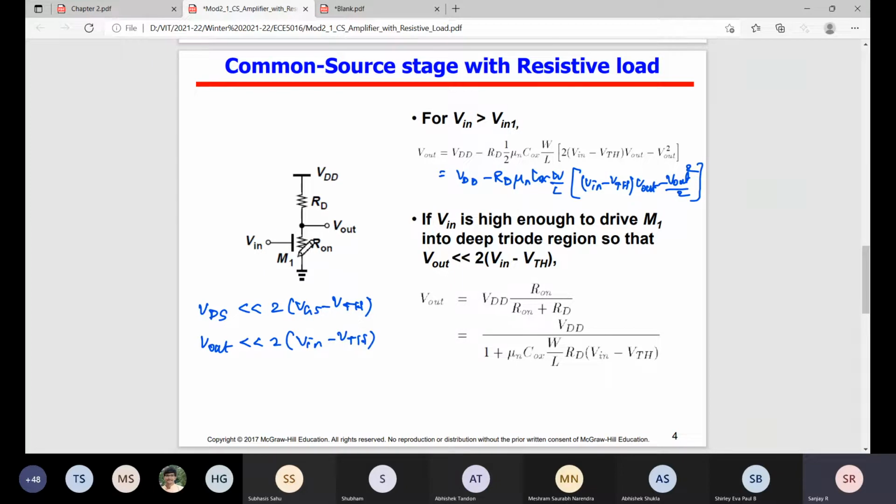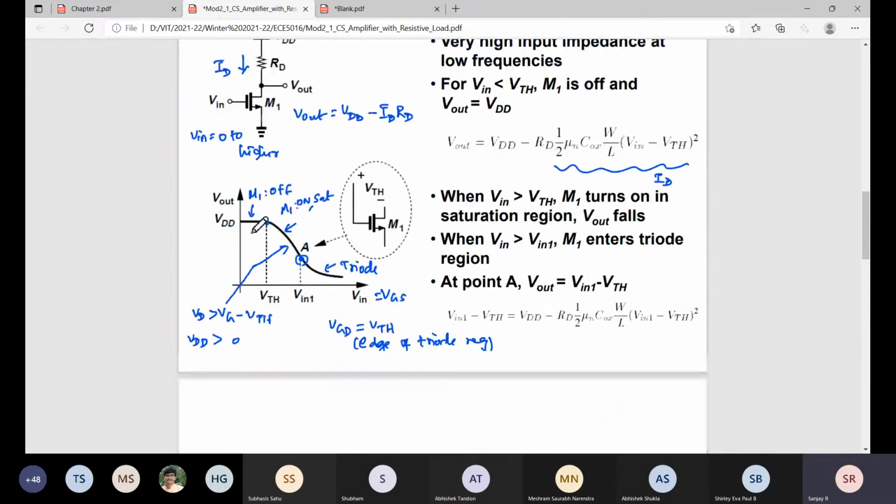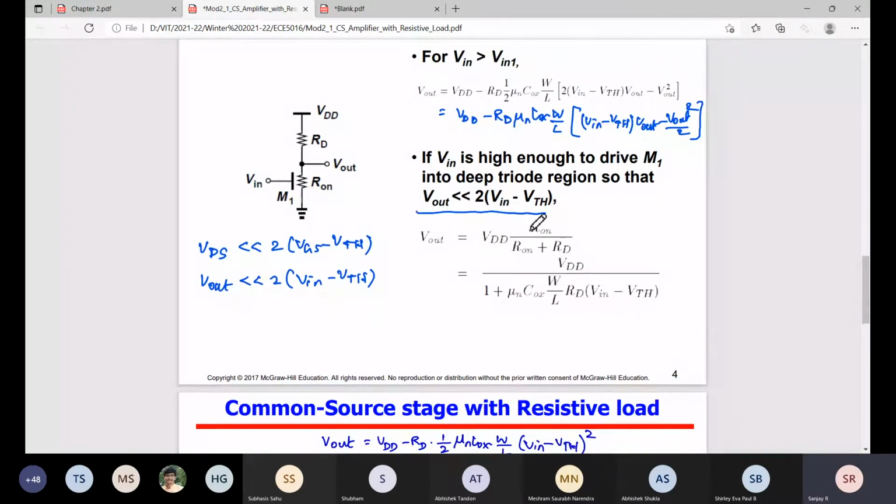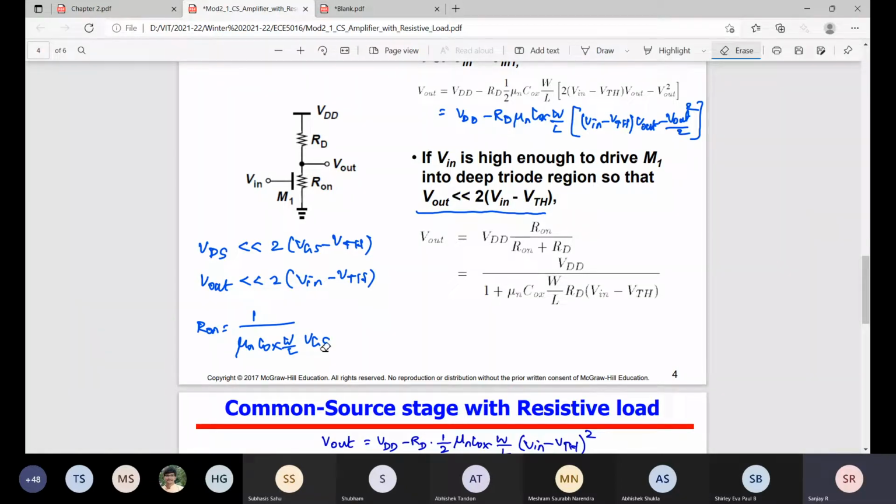For this condition, we can approximate the transistor in the triode region as a resistor Rn. So what is the Rn formula? Rn equals 1 by mu n Cox W by L into (VGS minus VTH), where VGS is Vin, so Vin minus VTH. So I can approximate it as a resistor.